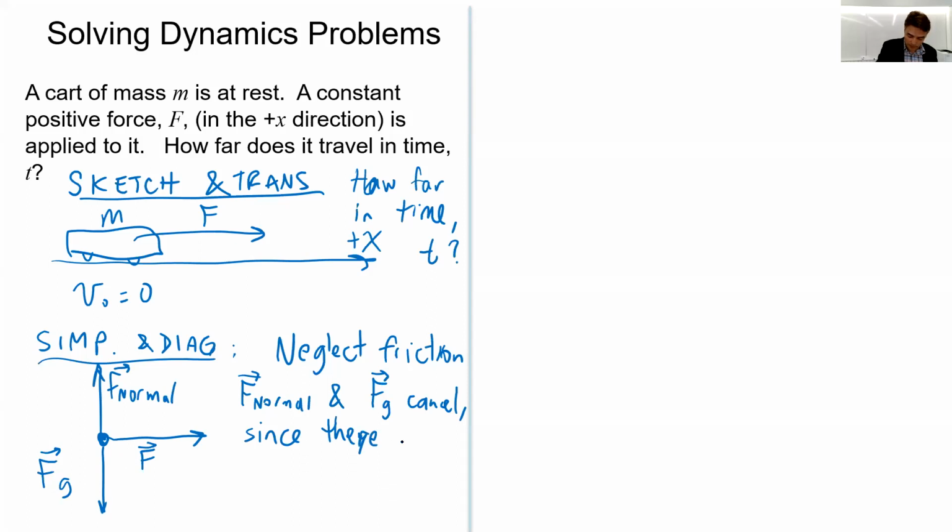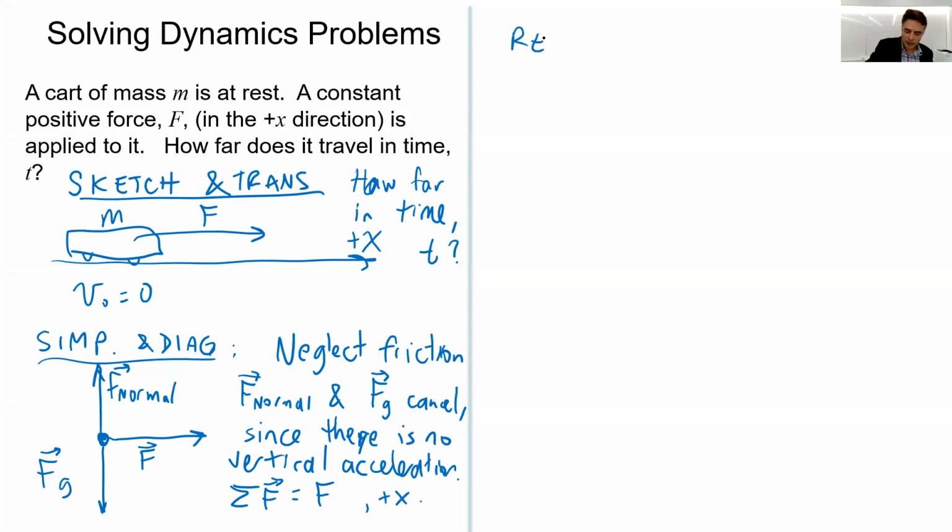There is no vertical acceleration. That's that idea. And so the sum of all the forces is going to be equal to F in the plus x direction.